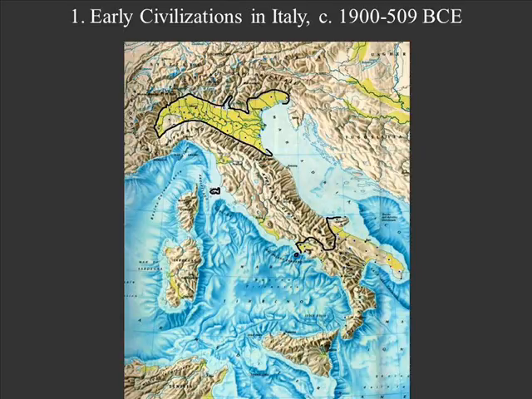The civilizations that grow up in this area often can't access enough food just in Italy itself because there's so many rocks in the soil because of all these mountains. The civilizations are divided up. They're separated by mountain ranges, so for a long time they don't contact each other very much, so they don't build much unity. They view each other as enemies and they fight each other quite a lot.